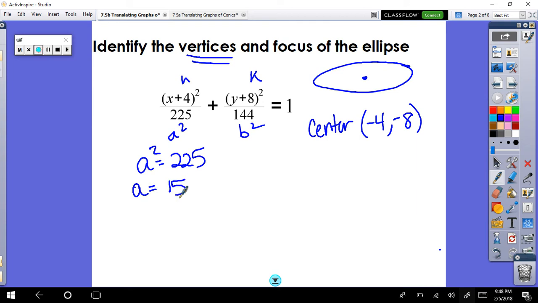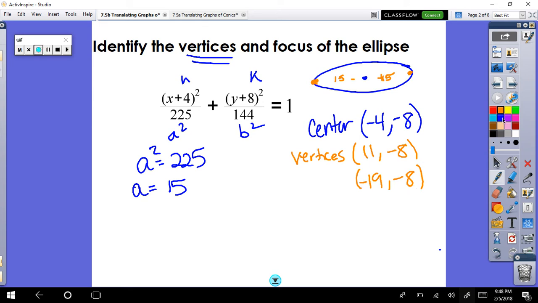Which means these points, right here and right here, will be plus 15 away from the center, and then minus 15 away from the center right there. So if I think about that, my vertices will be, remember this is (-4, -8), so -4 plus 15, one vertex will be at (11, -8). Or if I go -4 minus 15, the other vertex will be at (-19, -8).